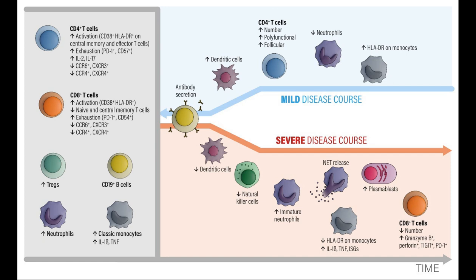Prompt and accurate differentiation between these conditions is crucial for treatment. While pneumonia needs aggressive management due to its potential severity, pneumonitis focuses on identifying and removing the irritant and managing the inflammation, usually with corticosteroids. Failure to identify the correct ailment can lead to inadequate treatment and potential complications.